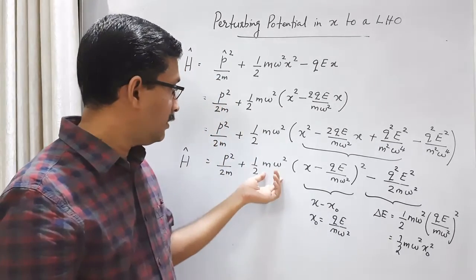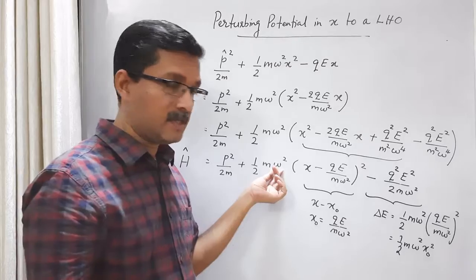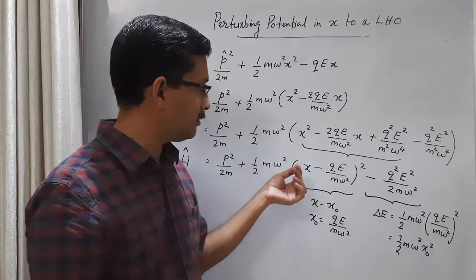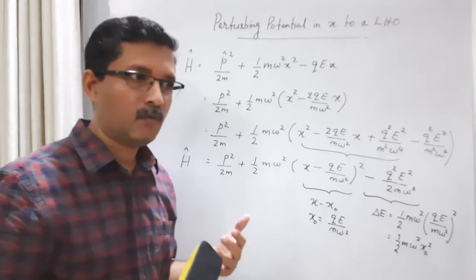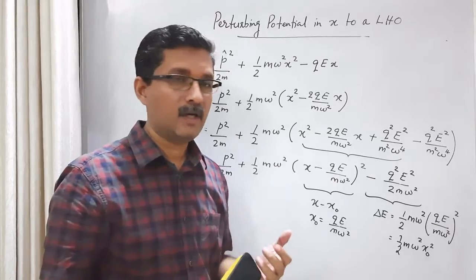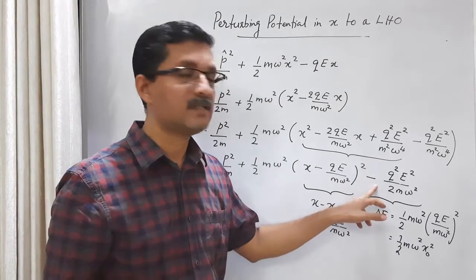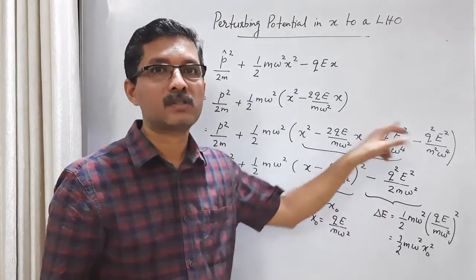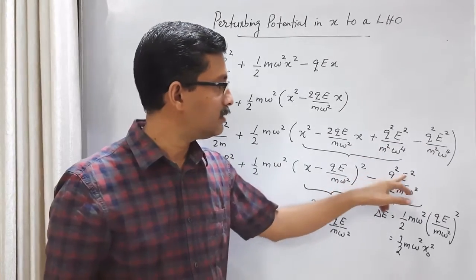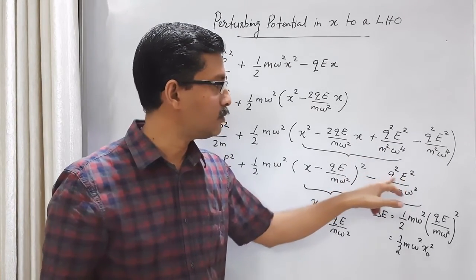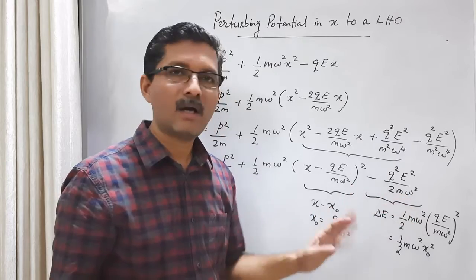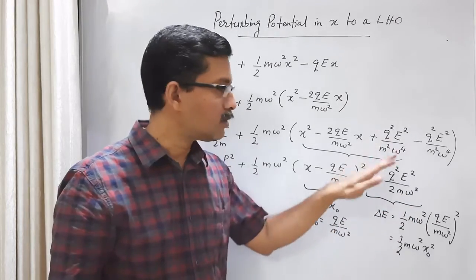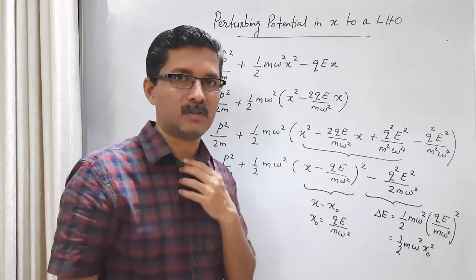The angular frequency remains the same. My question is, what are the effects on the energy values? The only change in the energy values is that they are decreased by a constant term. This is a constant force, Q, E are constant, m is constant, angular frequency is also constant. So total energy values are decreased by a constant term.